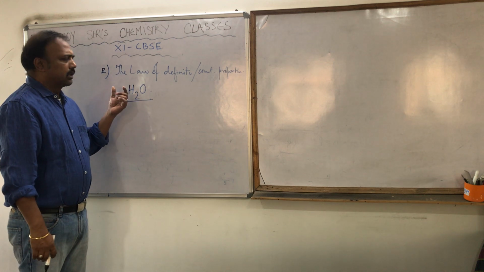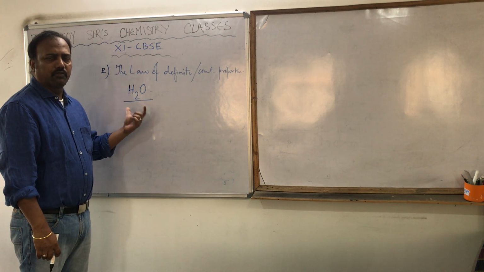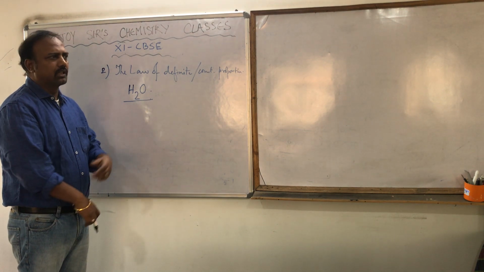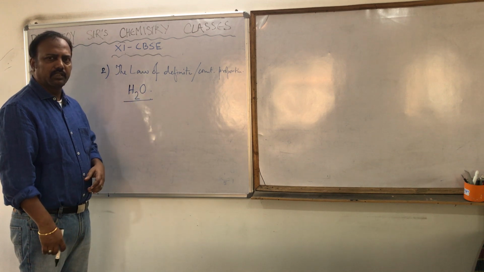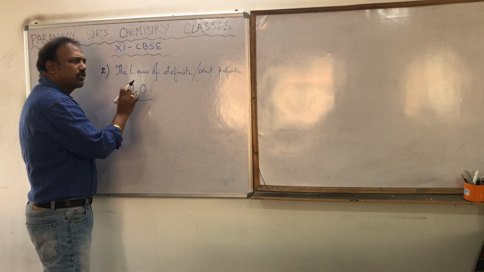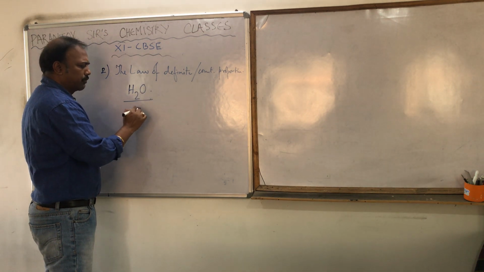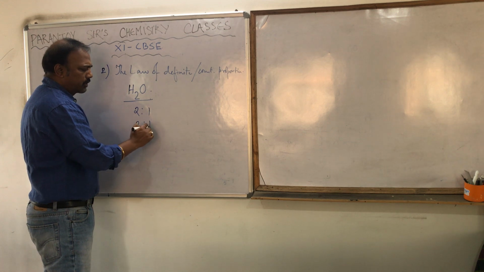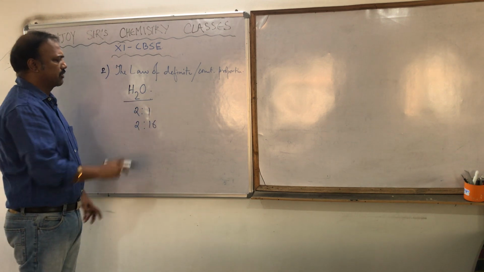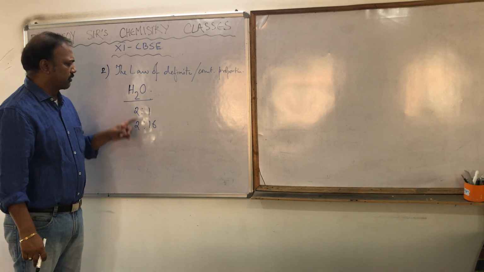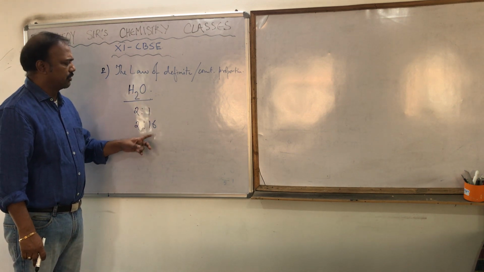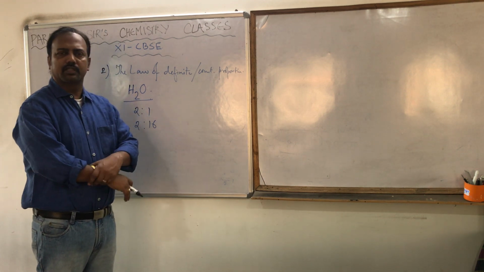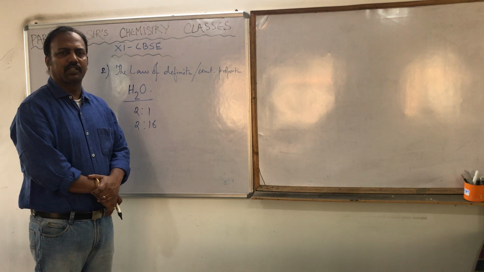It doesn't matter how or where the water is produced, or who prepared it, it will always have hydrogen and oxygen in the ratio of 2:1 by number of atoms, and hence the mass ratio of hydrogen and oxygen will be 2:16, as the atomic mass of hydrogen is 1, so 2 atoms of hydrogen means 2, and the atomic mass of oxygen is 16. So 2:16, no matter where or how we produced it. Is it clear? That is the law of definite proportion.